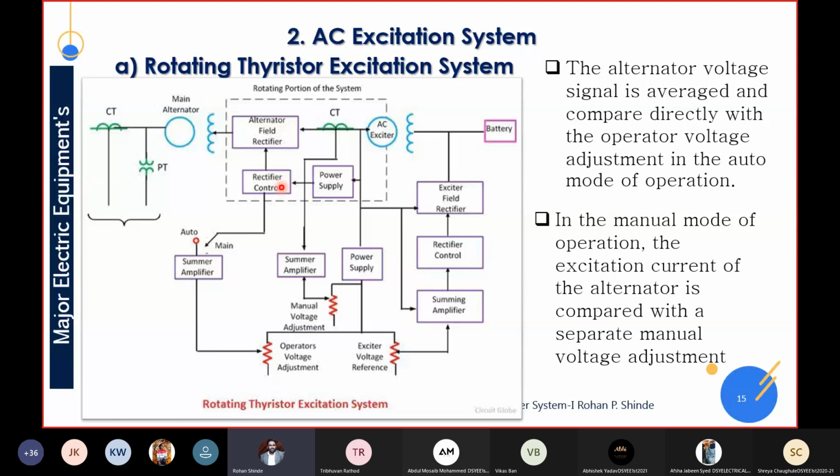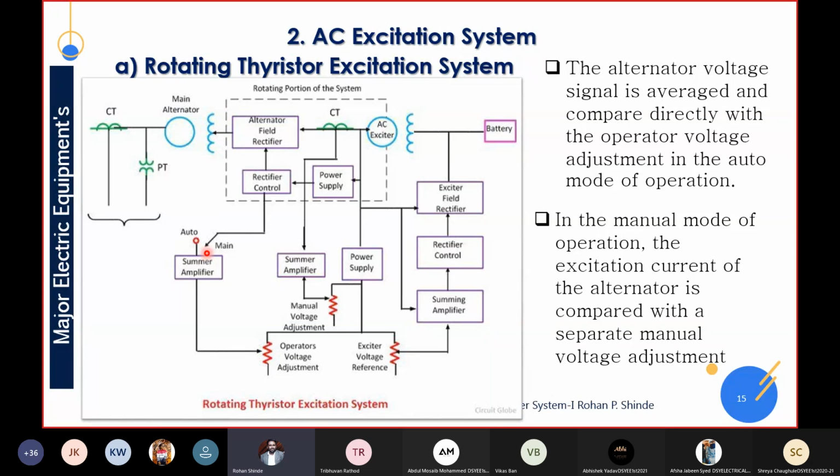Okay, now see here, whenever there is an AC excitation voltage, this AC excitation voltage will be compared with the operator voltage adjustment. When it is compared, then it results in the automatic mode of operation.